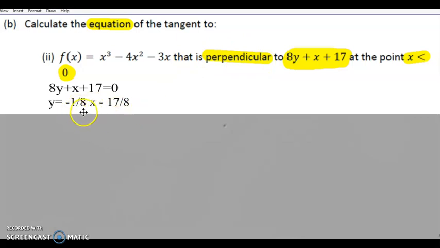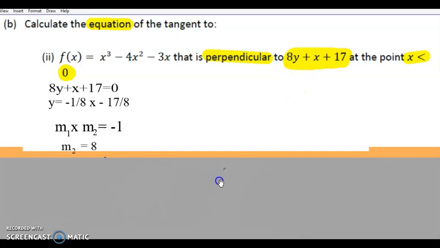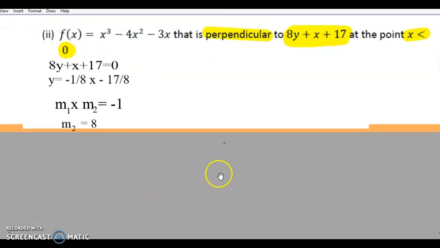So if I want the gradient of the tangent, I need to multiply with the reciprocal and the sign must change, or I say the gradient of the tangent is equal to negative 1 divided by the gradient of the line that it is perpendicular to. Because gradient 1 multiplied with gradient 2 must give me a result of negative 1. So gradient 2, the gradient of the tangent, is then 8.